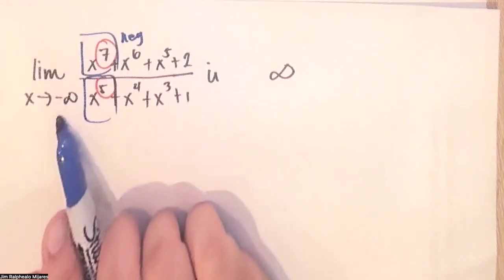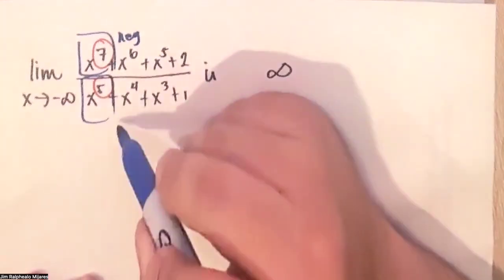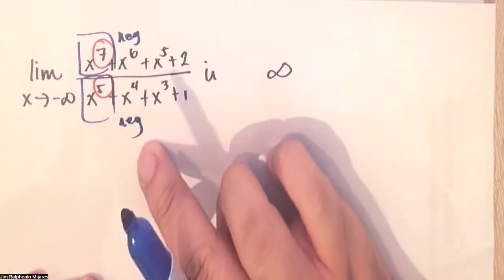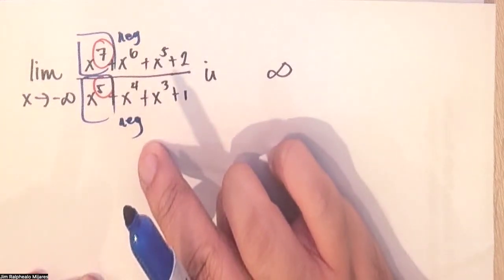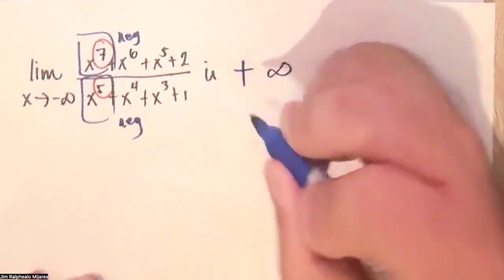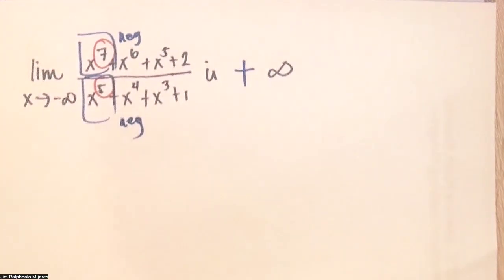If you substitute a negative number to the 5th power, you also get a negative number. Then negative over negative, hopefully everyone's fine. Negative over negative, this is positive, right?